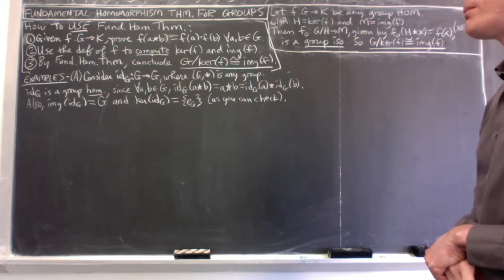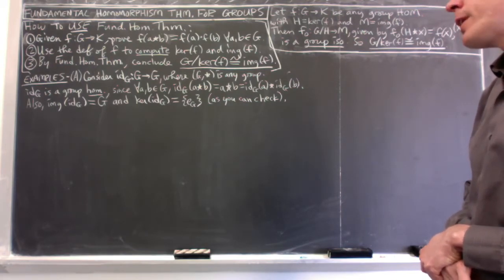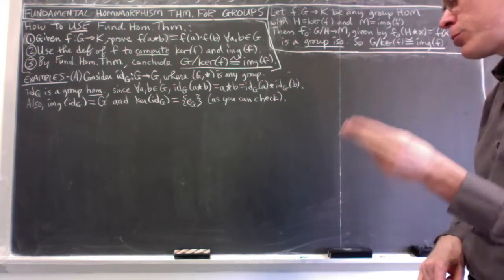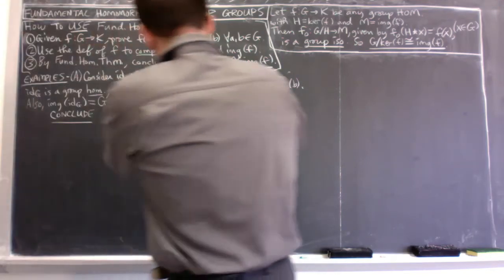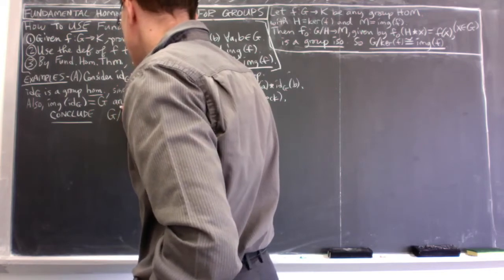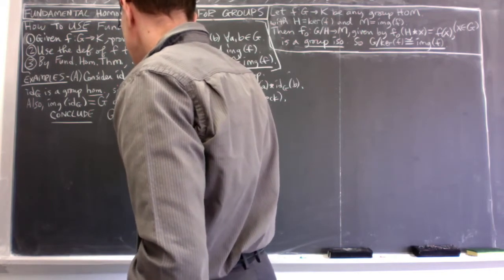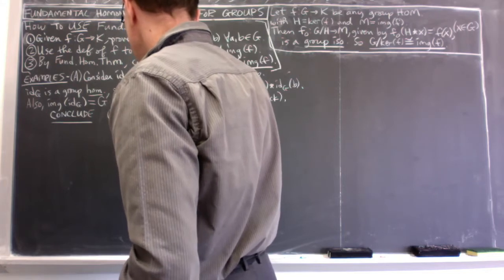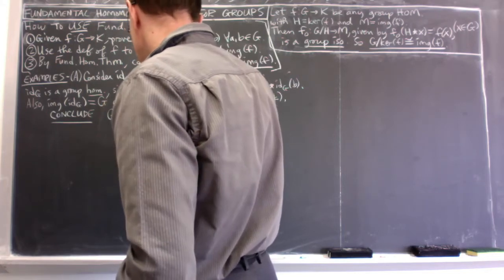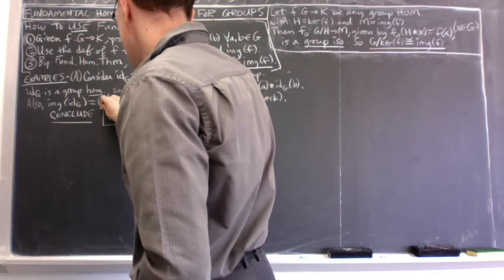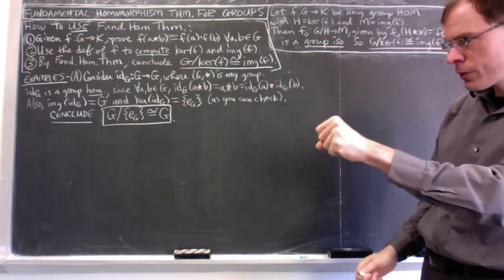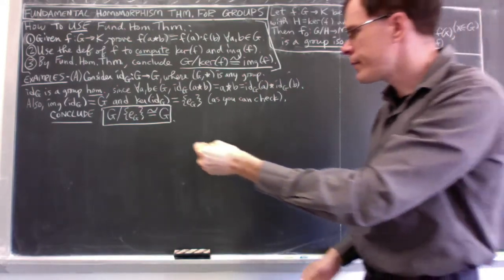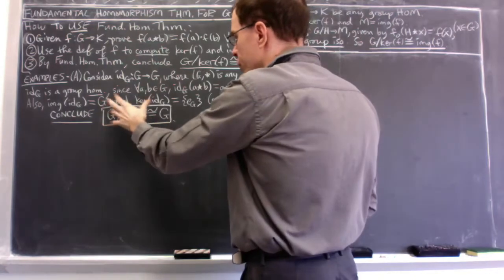Okay. But in any case, having done the 3 steps, it's a homomorphism, we have the image, we have the kernel, we therefore conclude, in example A, that the particular quotient group, G/{e_G}, is simply isomorphic to the image, which is G. So in this case, if you divide out by just the subgroup that's just the identity element, that doesn't really do anything as far as the algebra is concerned.